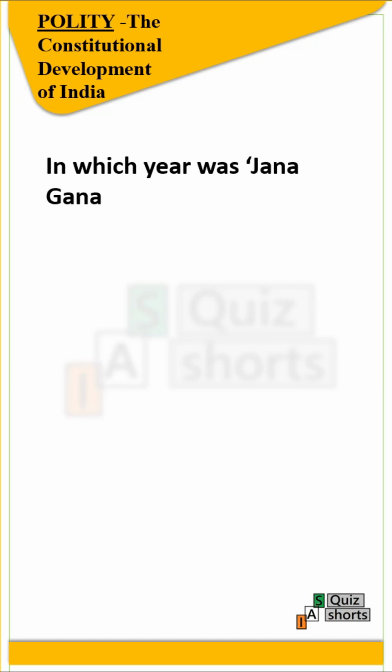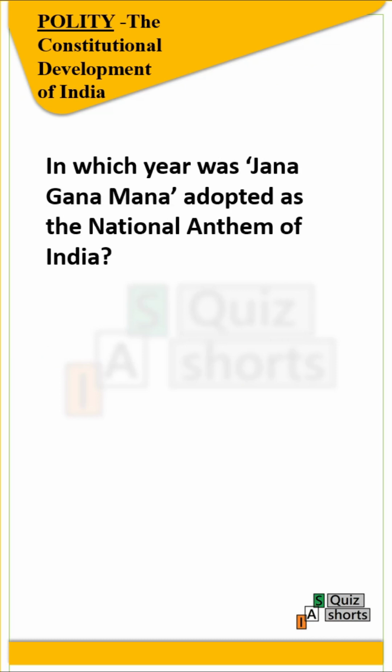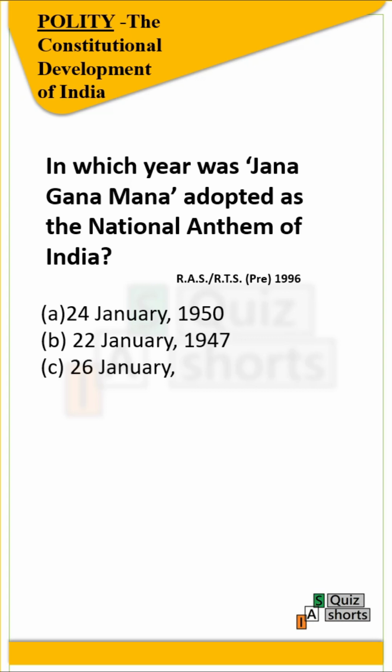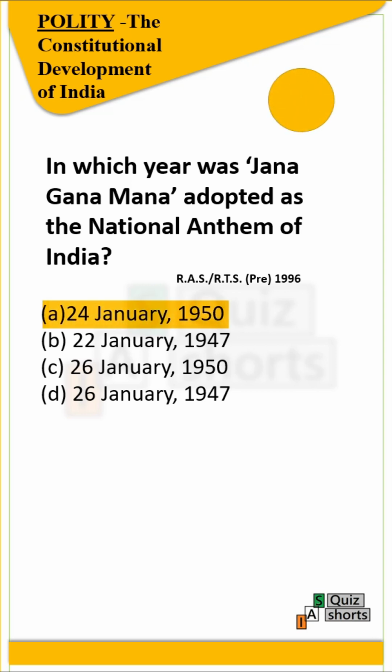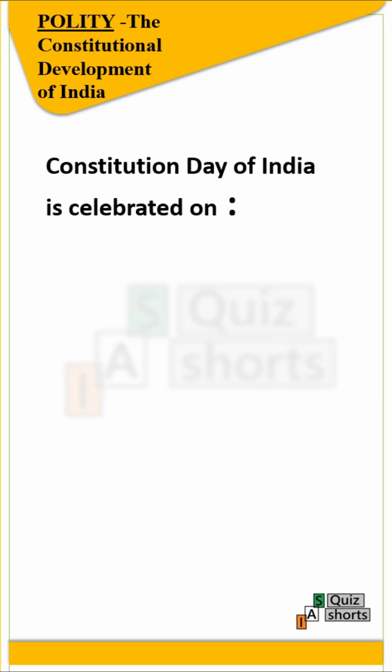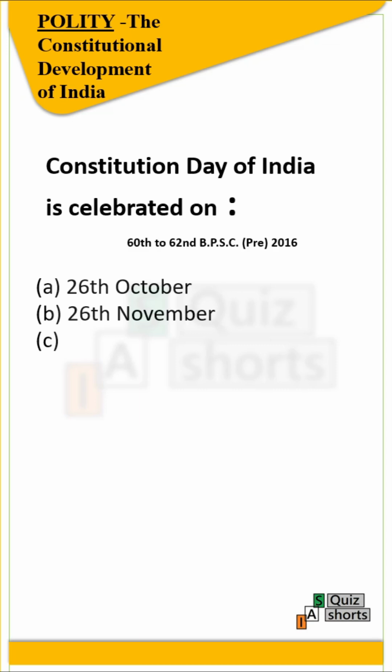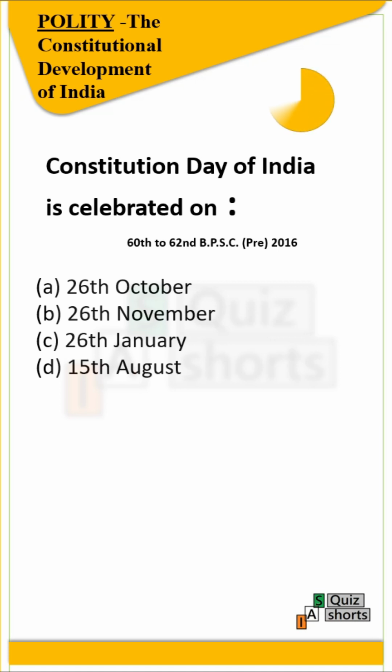In which year was Jana Gana Mana adopted as the national anthem of India? 24 January 1950, 22nd January 1947, 26 January 1950, 26 January 1947. Answer is option A, 24th January 1950. Constitution Day of India is celebrated on 26 October, 26 November, 26 January, 15 August. Answer is option B, 26 November.